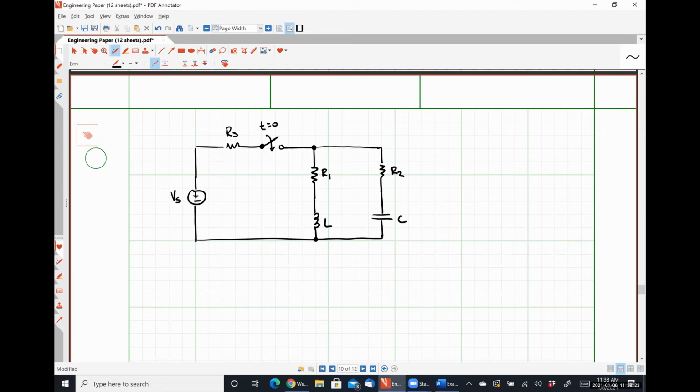So this is one where the only way to solve this is using the general method by figuring out what the differential equation is and then determining the coefficients of the differential equation and using that to calculate alpha and omega naught. That's going to drive me insane.